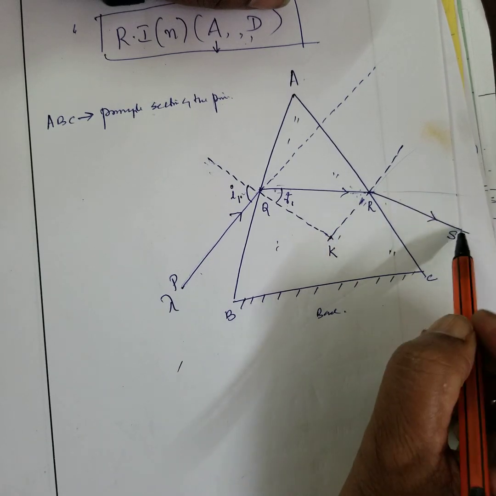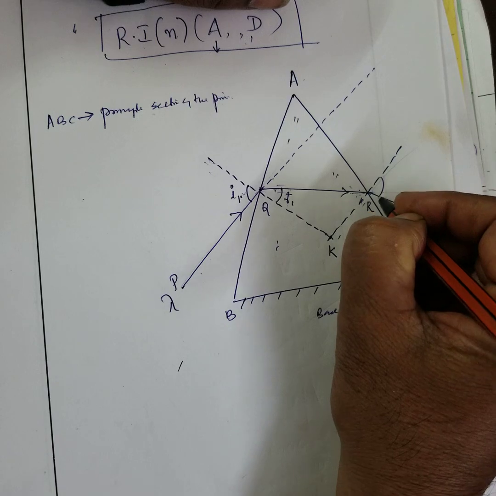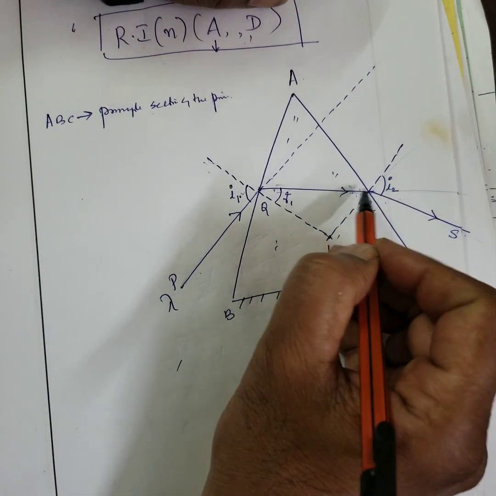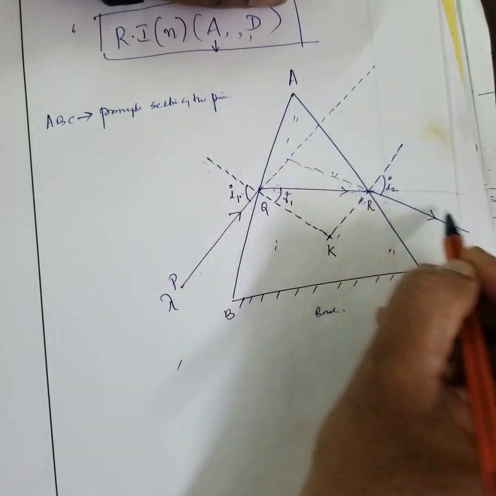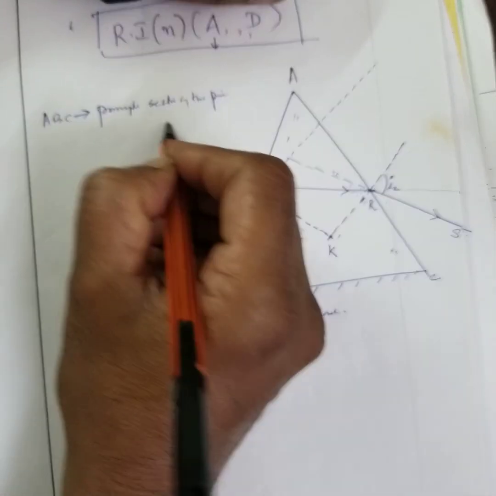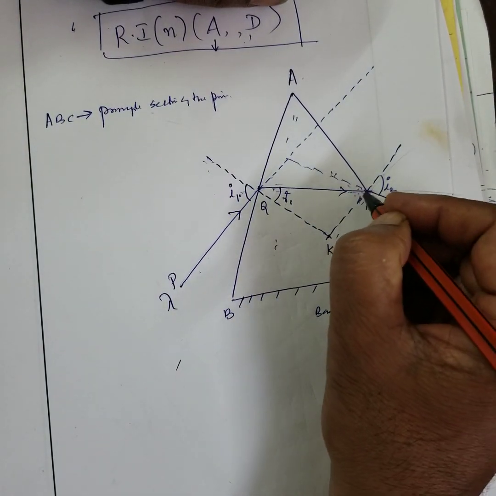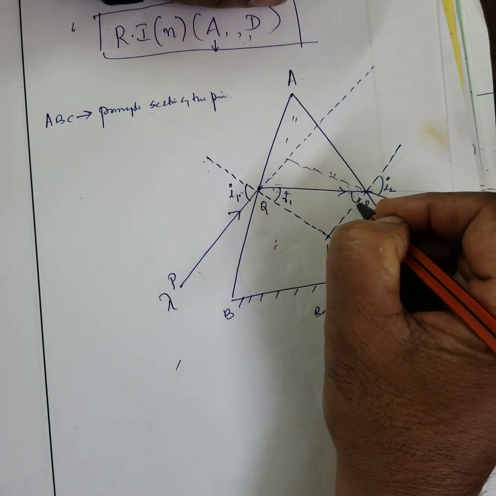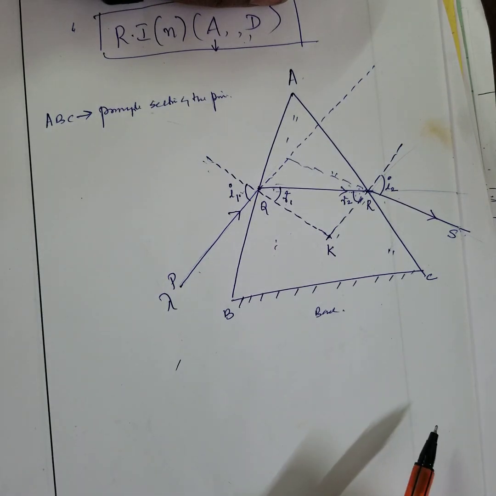Now, by the principle of reversibility, this is the angle of incidence on the second surface. This is the original direction; it would have gone straight. This is the angle of incidence, then this is the refracted ray, this is the emergent ray. This is the angle of refraction on the second surface.